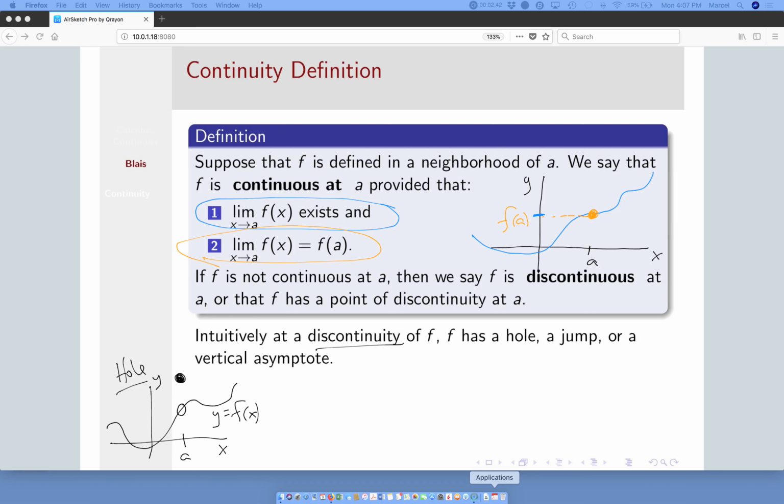Another type is a jump discontinuity. So in that case, you may have a function that does something like this, but then it jumps, say, up here. And by the way, we can see how the definition doesn't work.